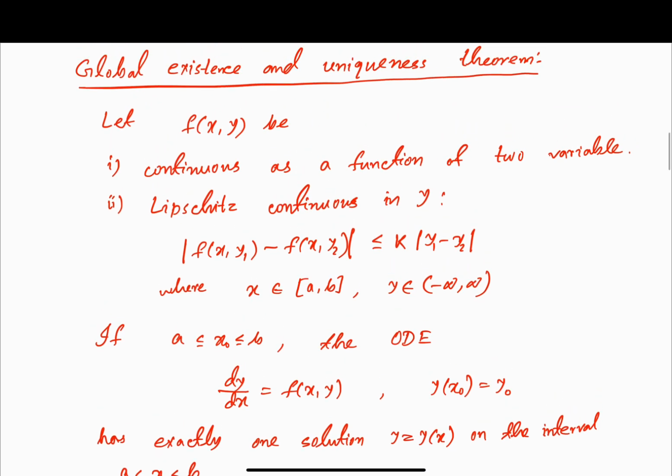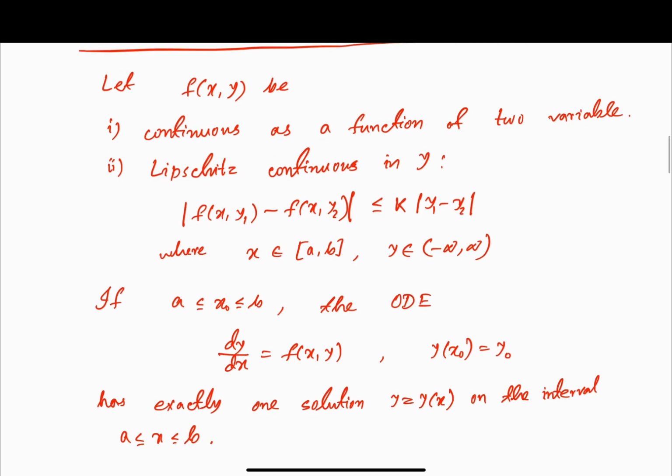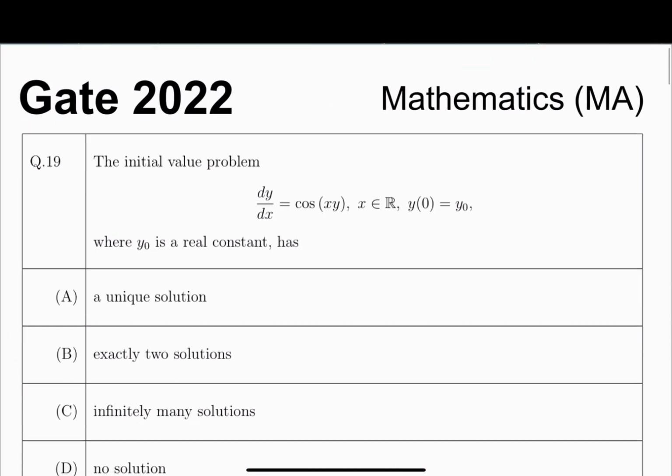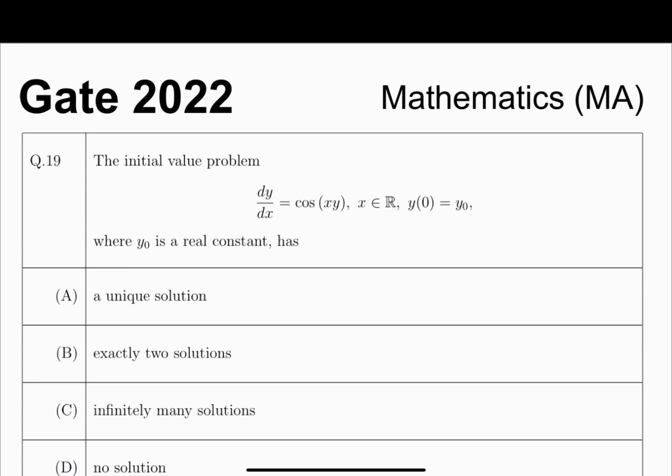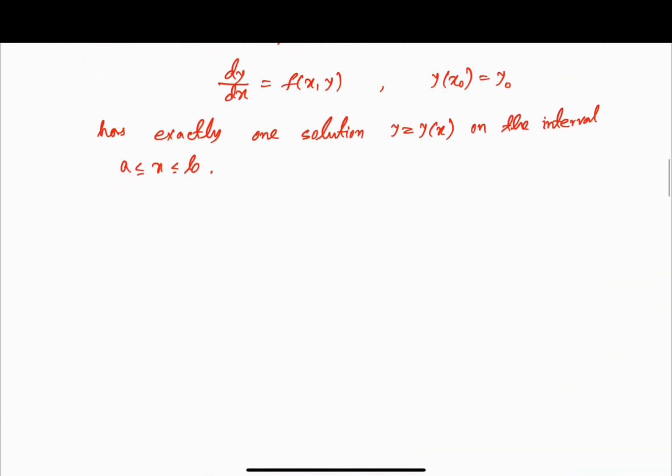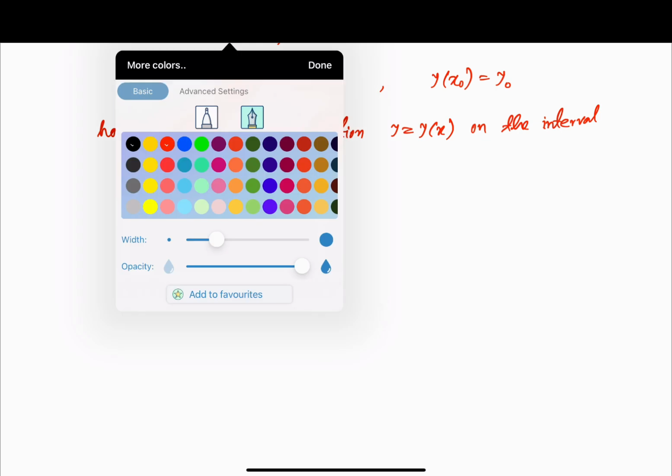So in our case, we have dy/dx = cos(xy), and y at the point 0 is y0.